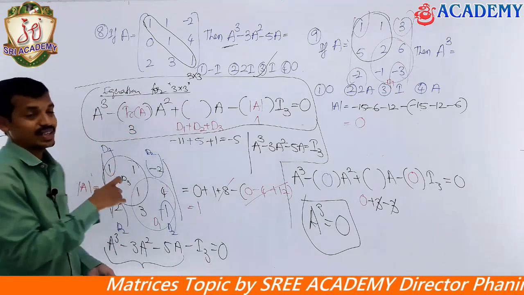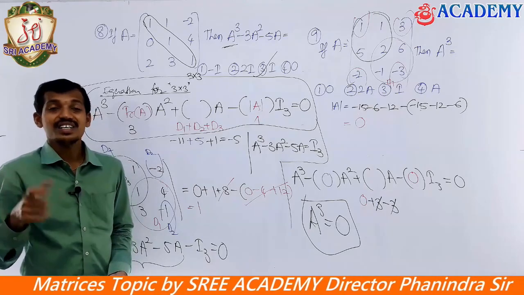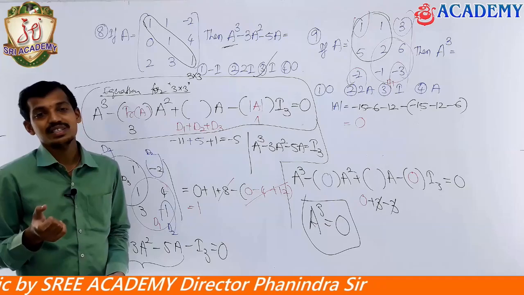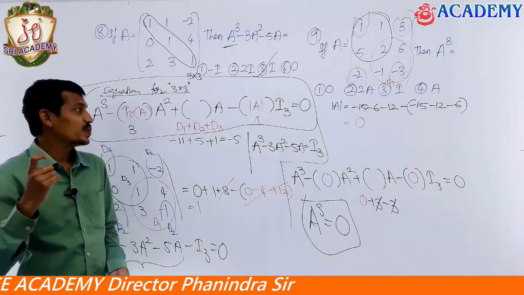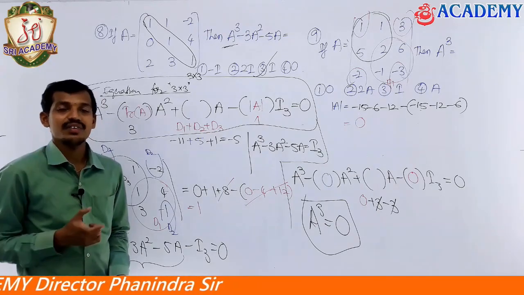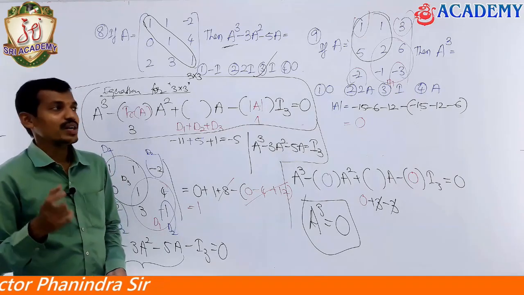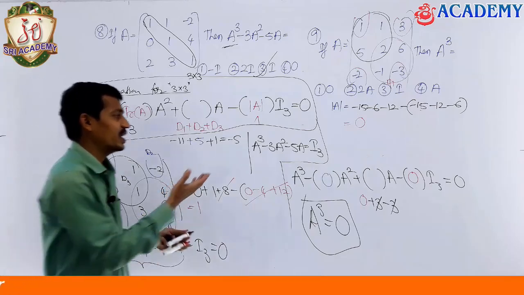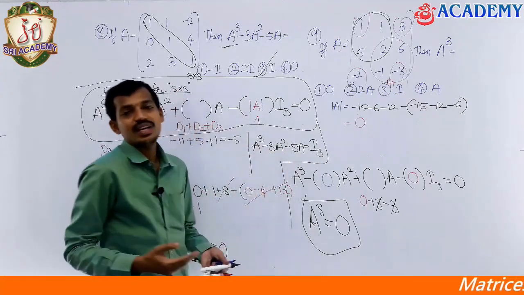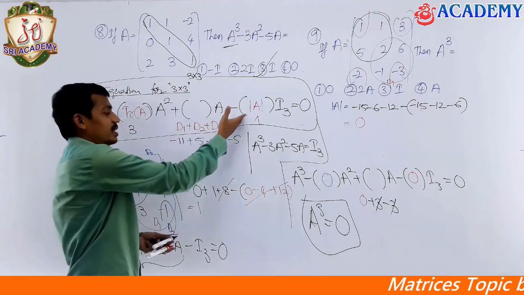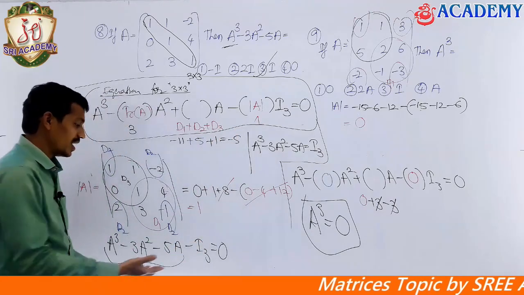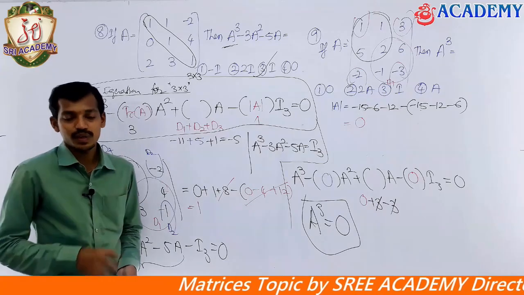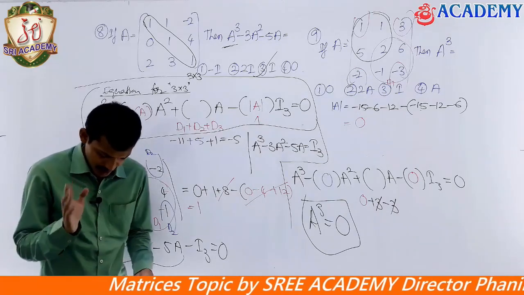For a 3 by 3 matrix, A cube minus trace of A into A square plus the sum of determinants of 3 matrices D1 plus D2 plus D3 into A minus determinant of A into I of order 3 equal to null matrix. So if you cross check by substituting these values, if you find A cube minus 3A square minus 5A, with your minus I also, you will always get the null matrix. This is for 3 by 3, that is for 2 by 2, right? You have to remember these equations.